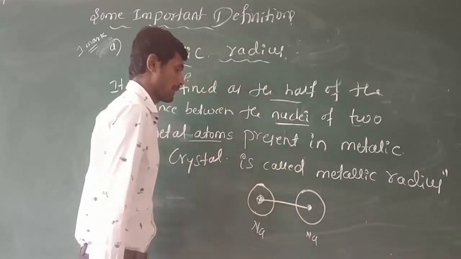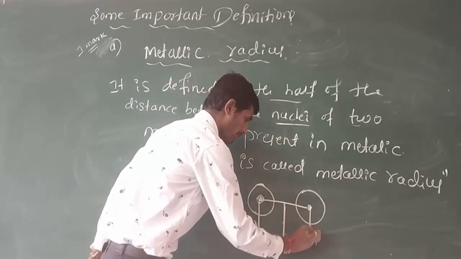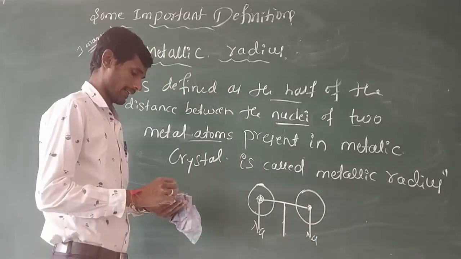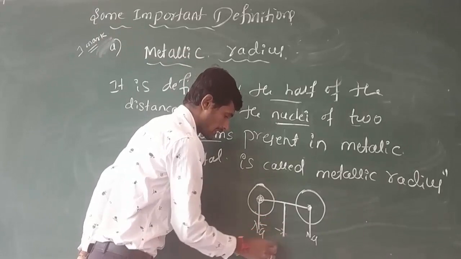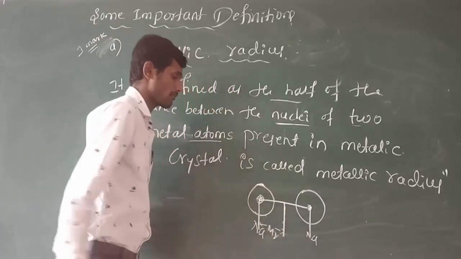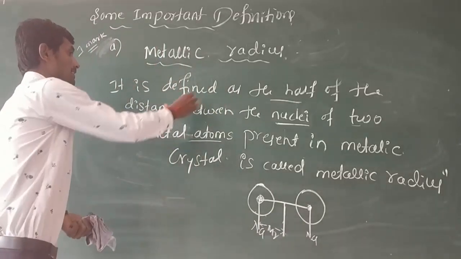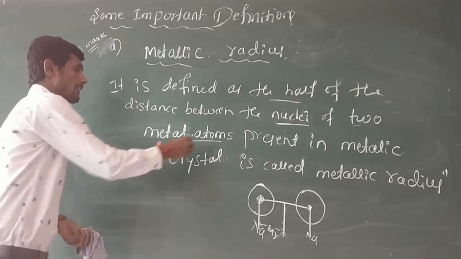But this is the half of the distance between two metal atoms. What is that? Metallic radius. I take this one as metallic radius. It is defined as half of the distance between the nuclei of two metal atoms.